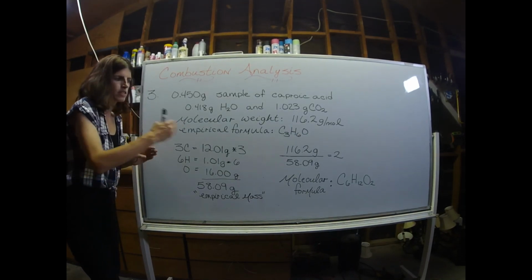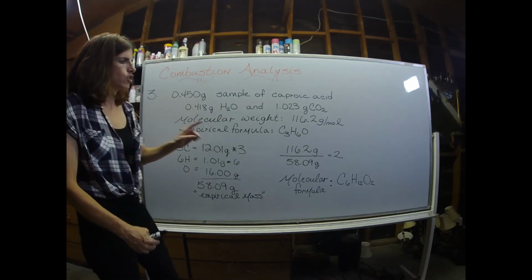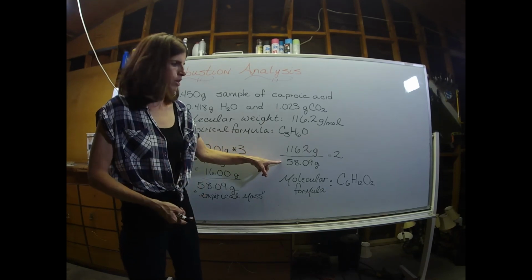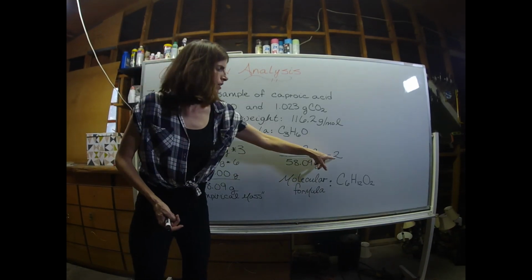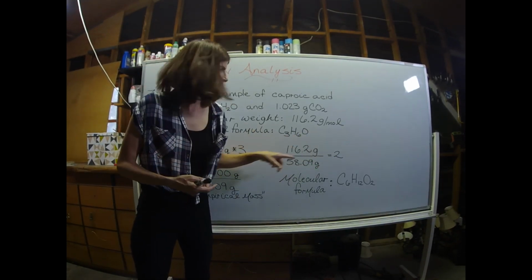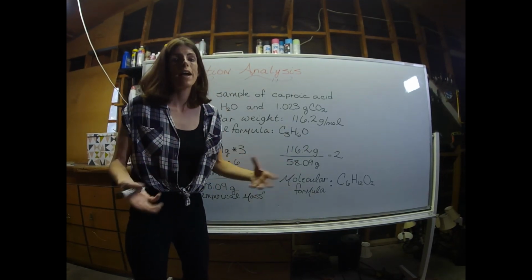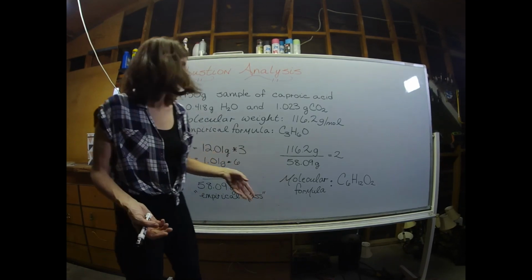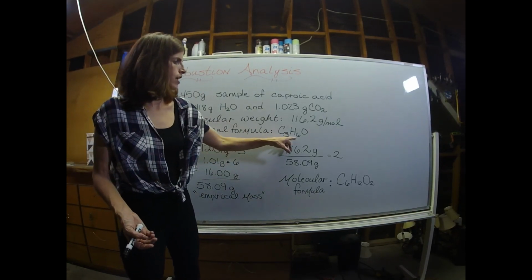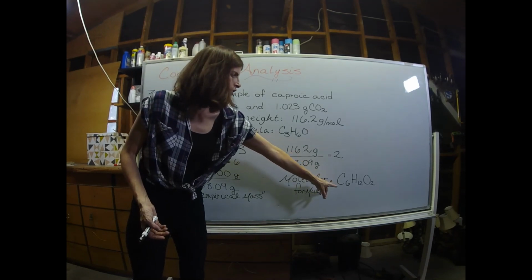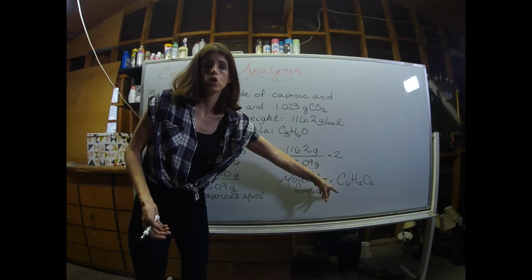Whenever you're trying to establish the molecular formula, you're going to take your molecular mass and divide by your empirical mass. That gave us a ratio of 2:1. So that means that the molecular formula is twice as big as our empirical formula. So I took the C3H6O multiplied by 2, and that gave us a molecular formula of C6H12O2.